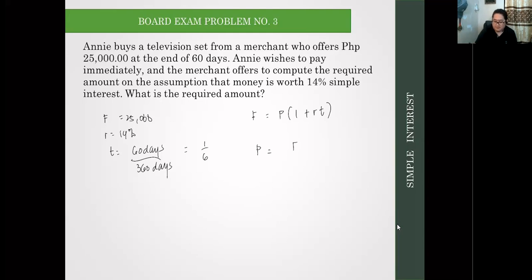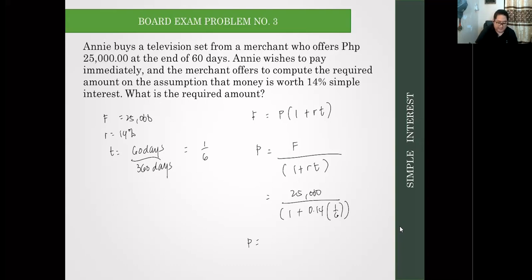So, we have F over 1 plus RT. So, that will be 25,000 divided by 1 plus 0.14 times 1/6. Okay. So, yung present value natin will be equals to 25,000 over 1 plus 0.14, 1 over 6. Okay.